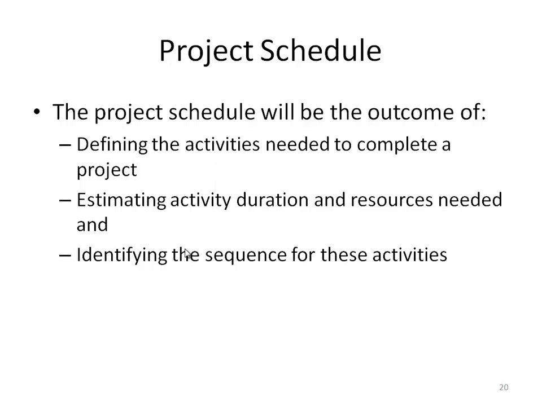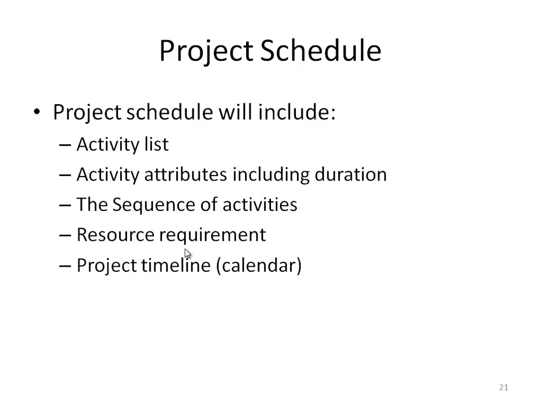Once we have all the information, as a result of defining the activities needed to complete the project, estimating the activity duration and resources needed, and identifying the sequence for these activities, we can develop what's called the project schedule. The project schedule will include the list of activities that have been identified to achieve project goals and objectives.